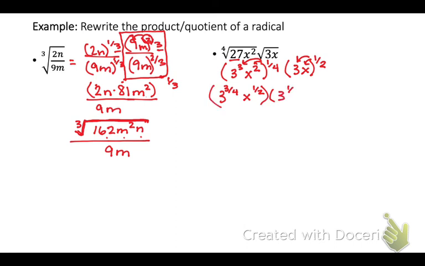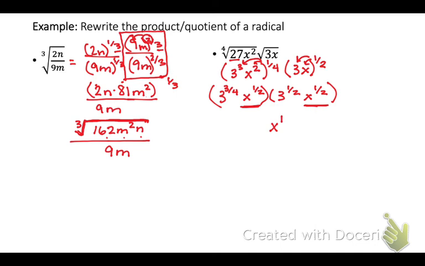And then I'm multiplying, right? So I have x to the 1/2 times x to the 1/2. Because it's 1/2 plus 1/2, so it's 1.